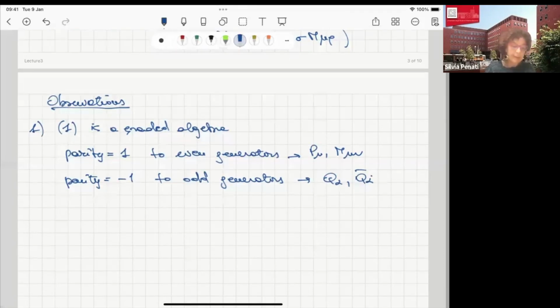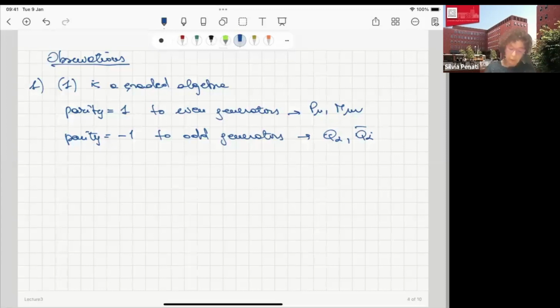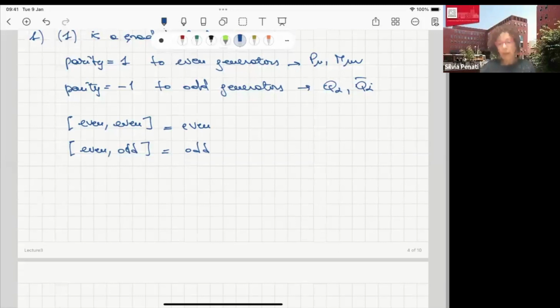In fact, what happens, consistently with what we wrote above, is that if you commute two even generators, you obtain an even generator. If you commute an even generator with an odd generator, you obtain an odd generator. Fine, and this is consistent with the parity conservation on the left and right side of these identities. And finally, if you anti-commute two odd generators, you get even.